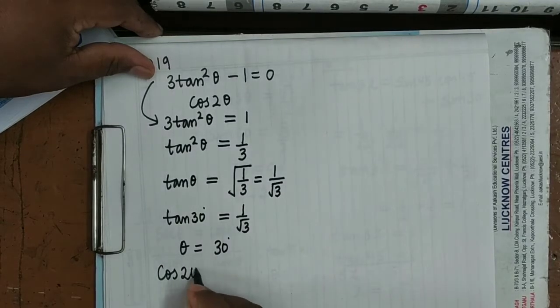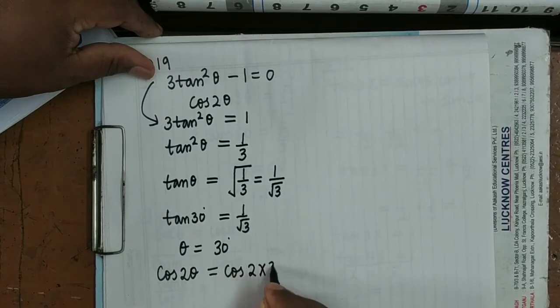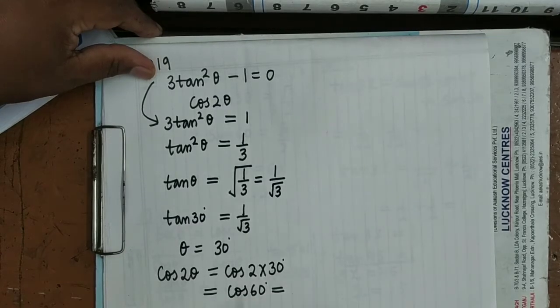So cos 2 theta will be cos 2 into 30 degree, equals cos 60 degree. And what is cos 60 degree? It is equal to 1 upon 2. It's clear.